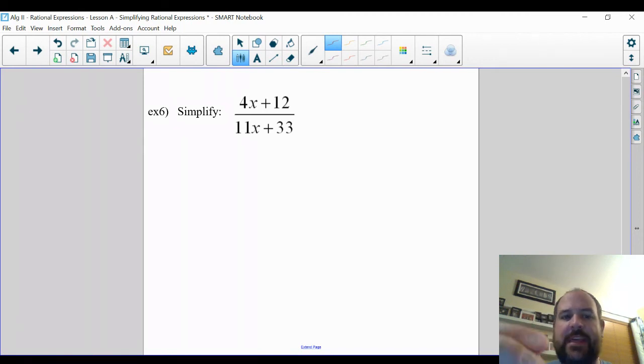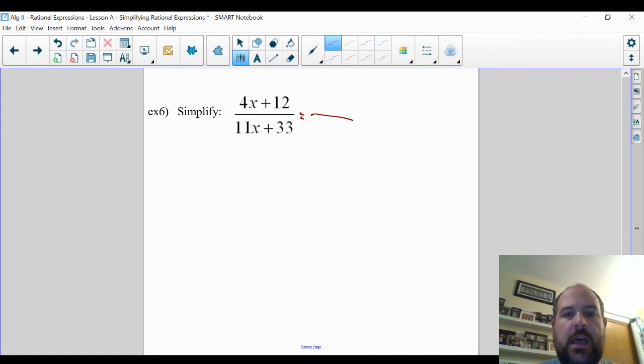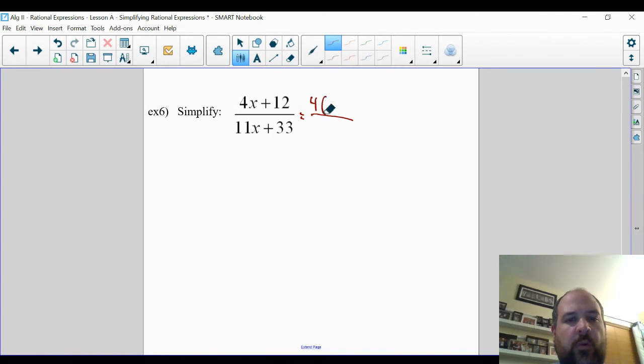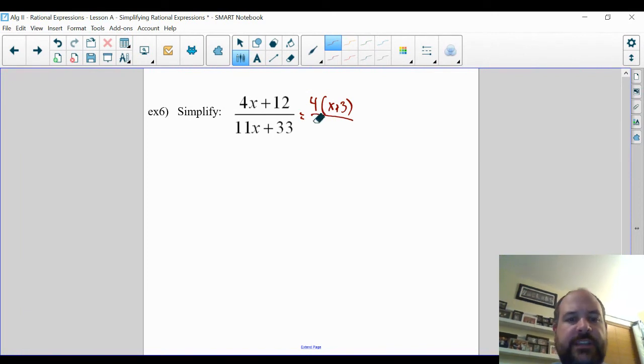But if I take them and I actually try and break them into factors, I would look at the numerator, 4x plus 12, and I'd say, oh, that's a GCF. I factor out a GCF of 4, and I have x plus 3 left over. In the denominator, I do the same thing. I look and say, oh, 11x plus 33, that's a GCF as well.